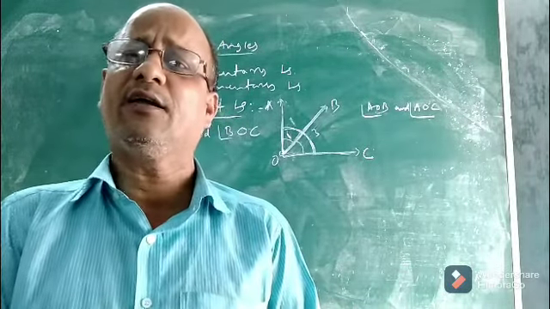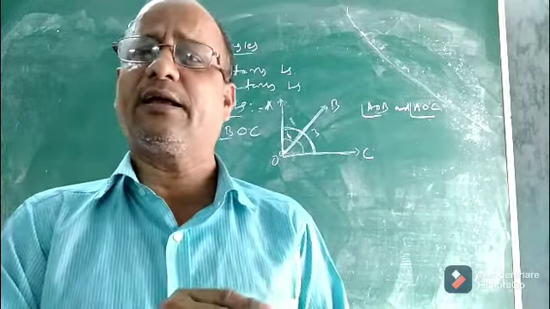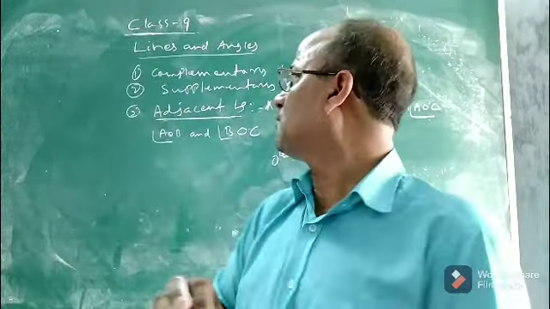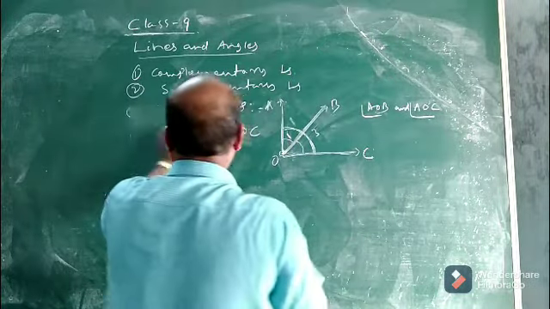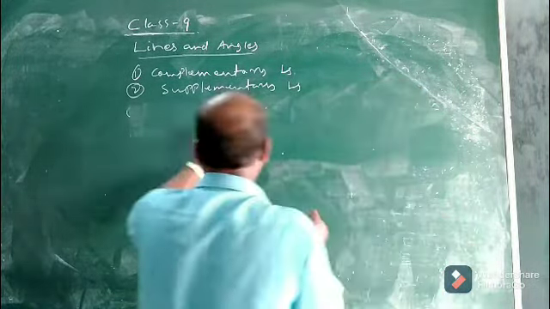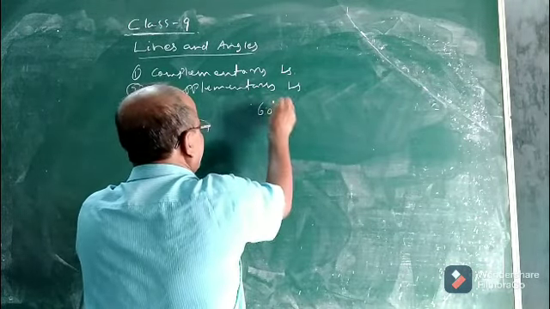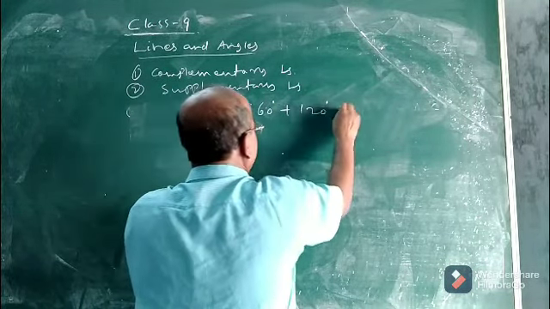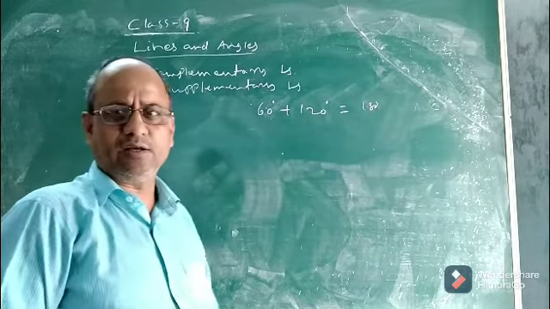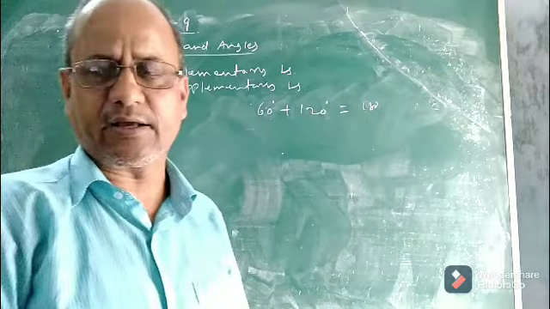In a similar manner, if I ask you what are supplementary angles? If you add two angles, suppose 120 degree and 60 degree, their sum will be how many degrees? 180 degrees. So we say these two angles, 60 and 120, are supplementary angles.